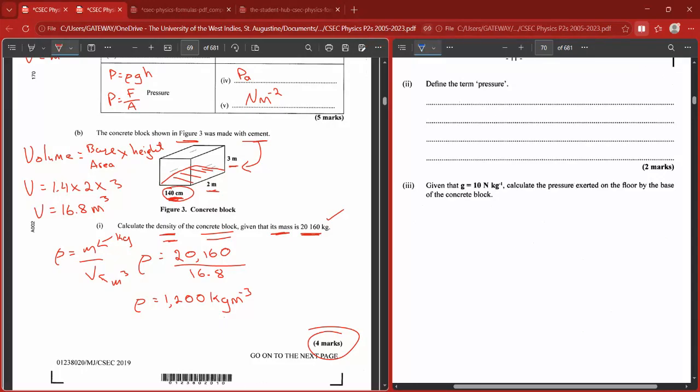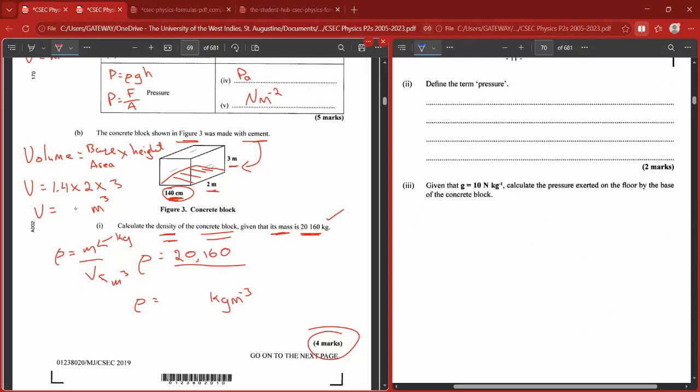My bad. Again, 8.4. So 1.4 times 2 times 3. Again, 8.4, not 16.8. I don't know how I got that just now. Probably typed it in wrong in the calculator. So you see, it's always important to double check. So that means that this might be twice the value, right?